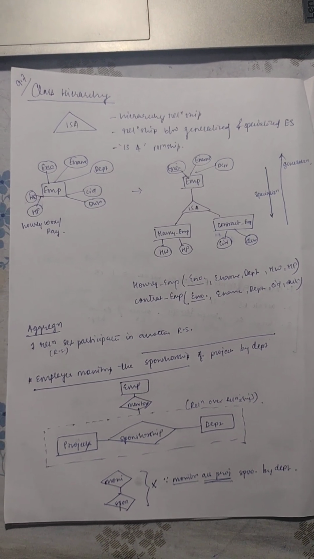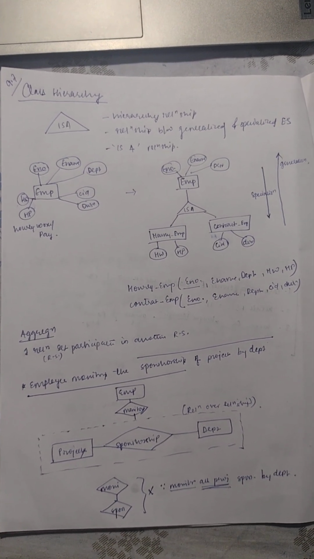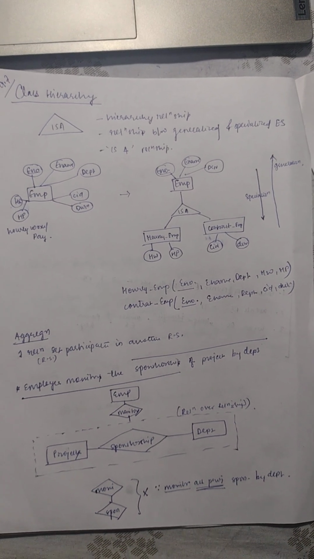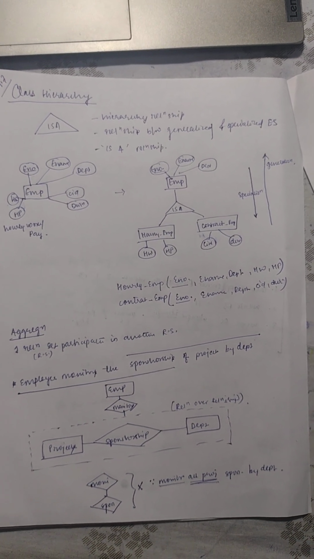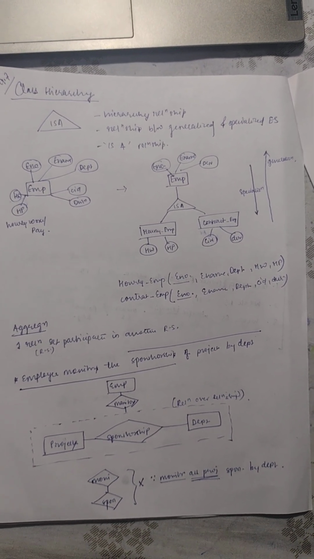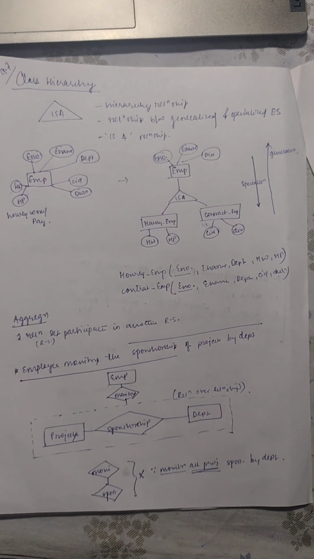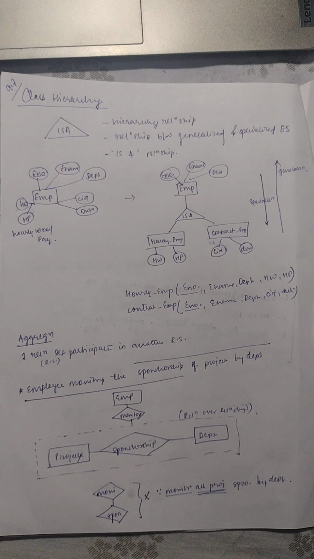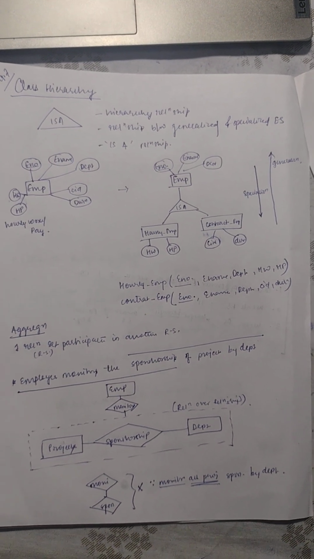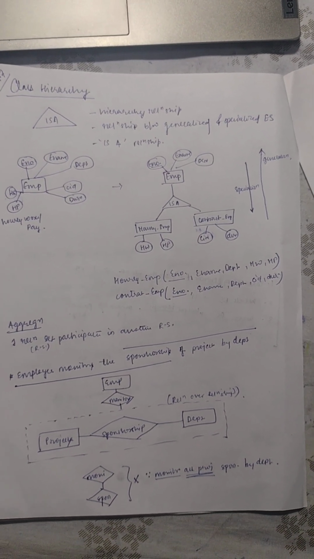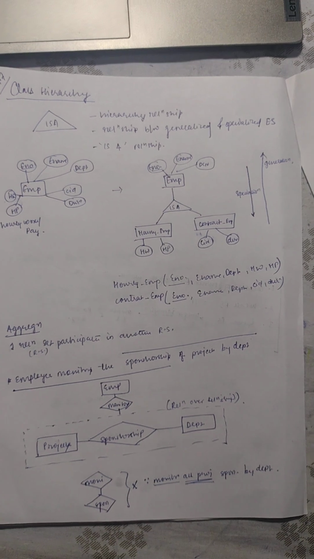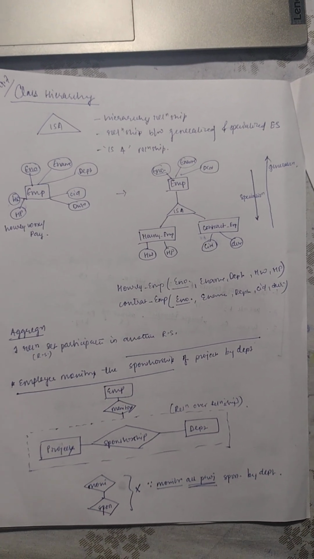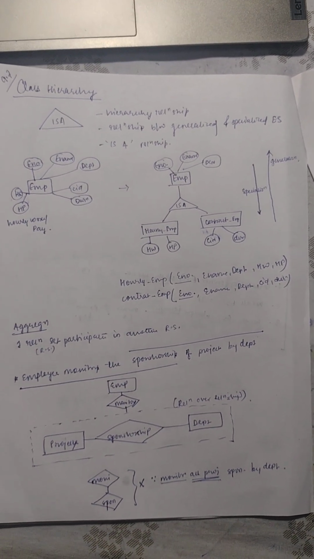For example, an employee monitors the sponsorship of a project by a department. Here we have two important terms: sponsorship of a project by a department as one complete relation, and employee monitoring the sponsorship of this project. So this is another, completely different relation.